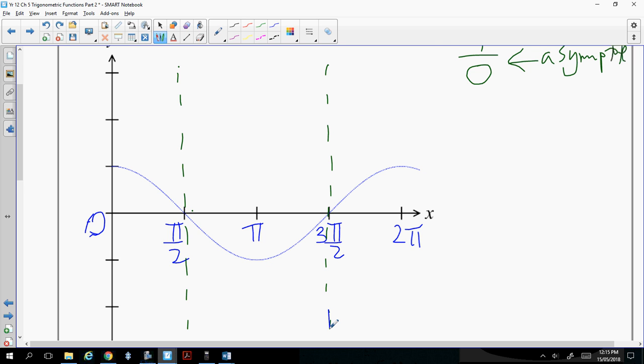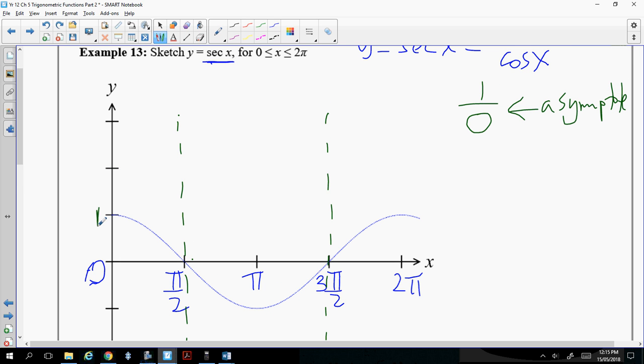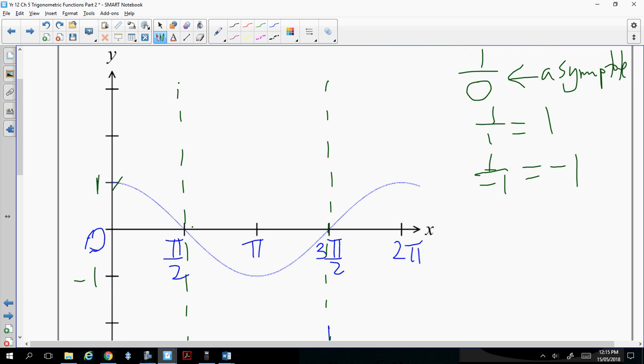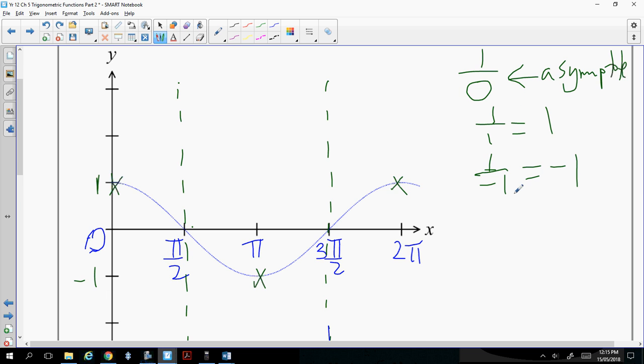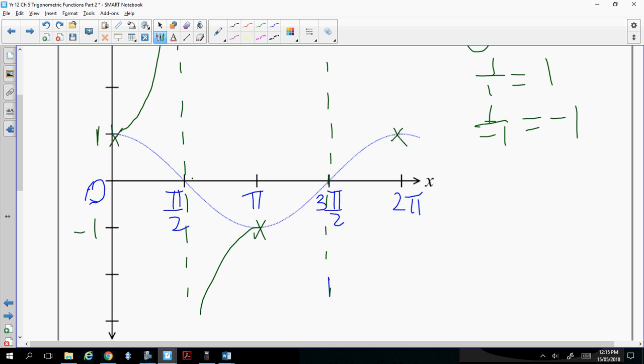Reciprocal of -1 also becomes -1. So these points don't change. Put a dot here, a dot here, a dot there. And then you just follow the asymptote. It approaches the asymptote here, and here, and here, and here. That's your sec x graph.